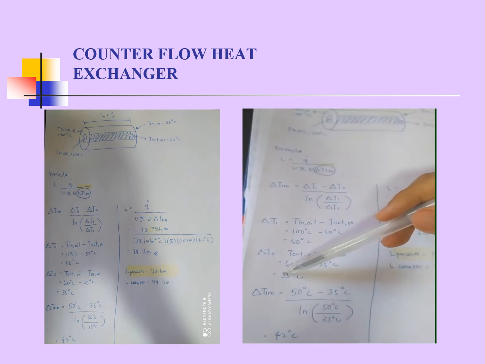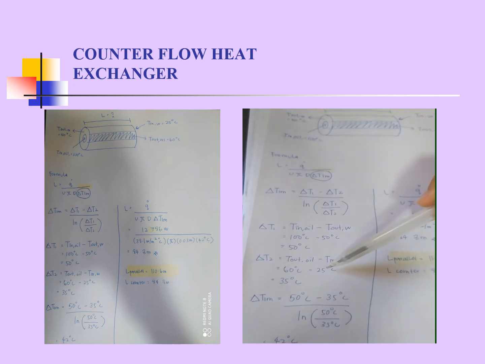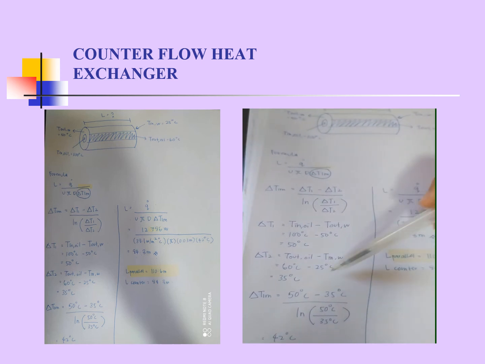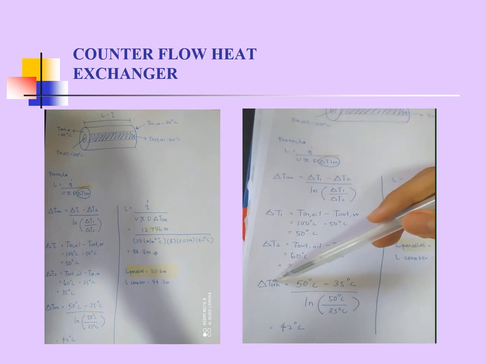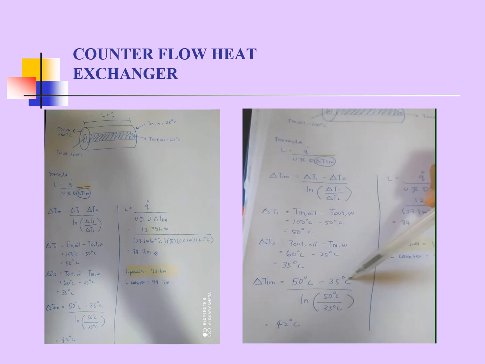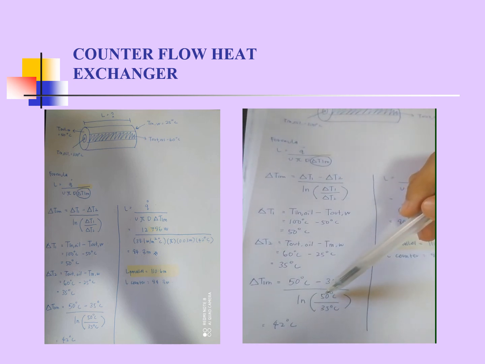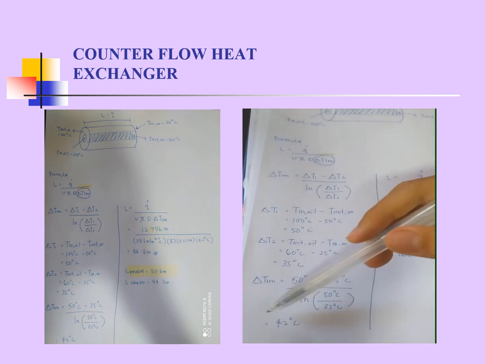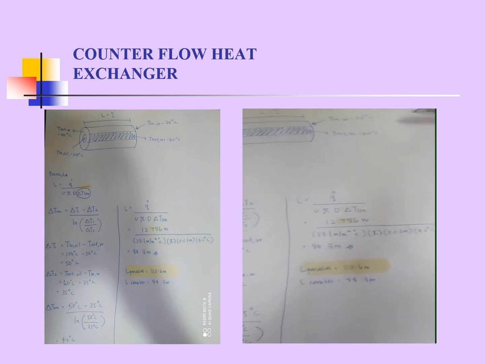So 16 degrees Celsius minus 25 degrees Celsius, and the answer is 35 degrees Celsius. So we put this answer in the formula. Delta T log mean equals 50 degrees Celsius minus 35 degrees Celsius divided by natural log 50 divided by 35, and the answer is 42 degrees Celsius.